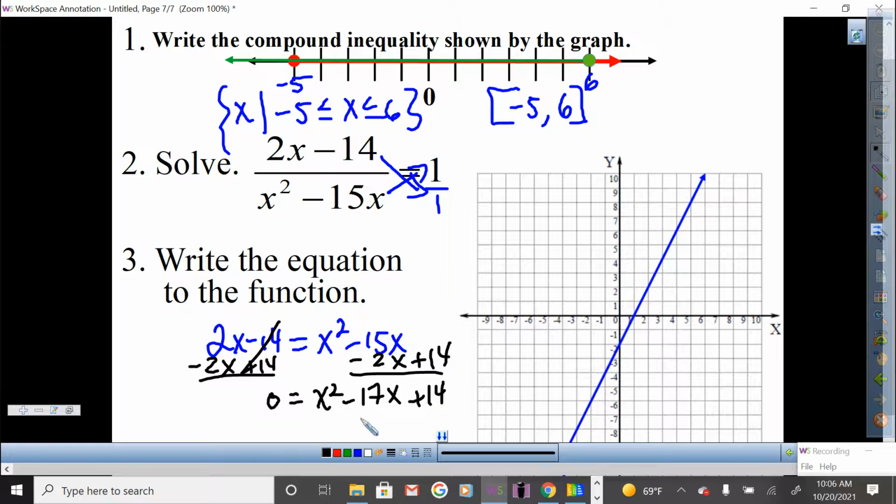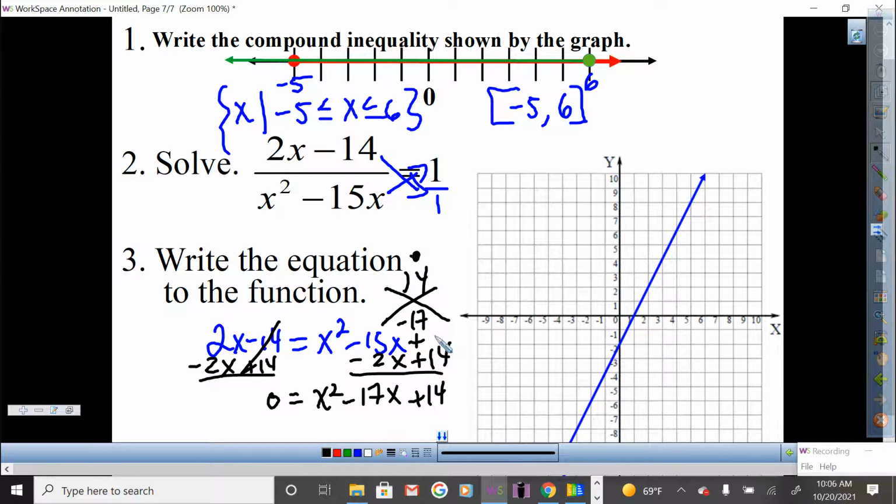Does this look familiar? Yeah. You got -17 and 14. Oh, my bad, the other way around. Made a mistake, sorry. 14 and -17. There you go. What two numbers multiply to give me 14 that when you add them give us -17?